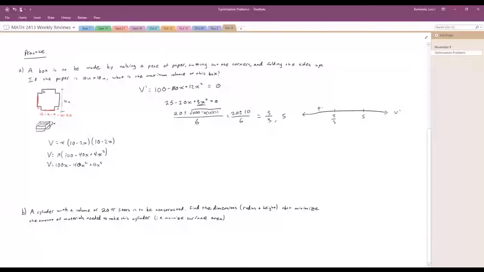That would be 100 minus 160 is negative 60, plus 48 is negative 12, so that's negative. When I plug in something larger than 5, let's say 10, I would get 100 minus 800, but then plus 1200 is positive. So here I see that 5/3 is my maximum, and 5 is my minimum.